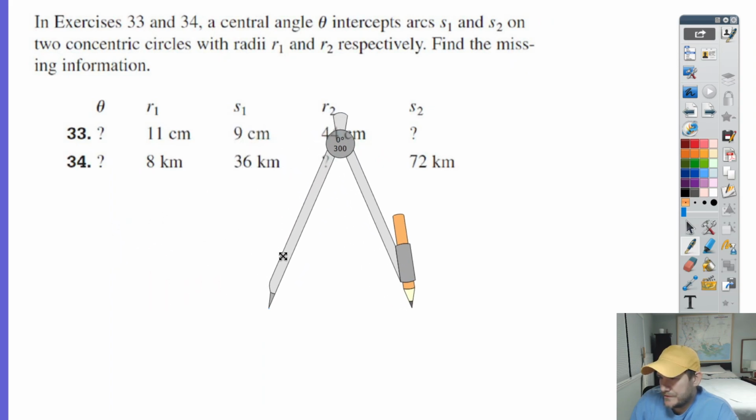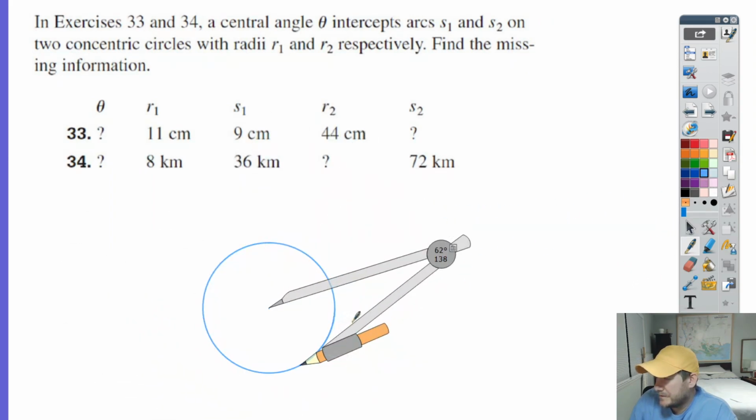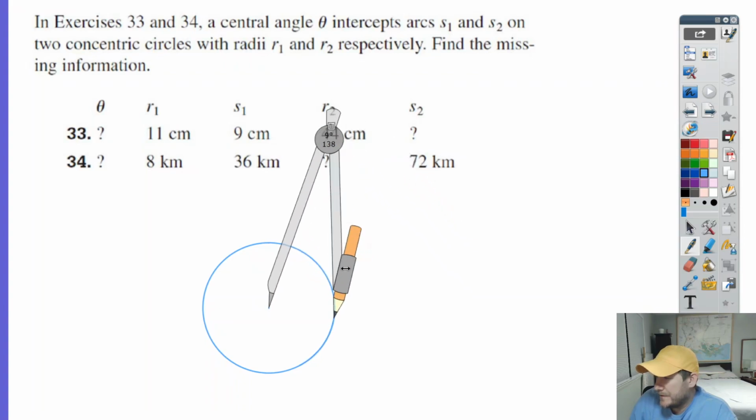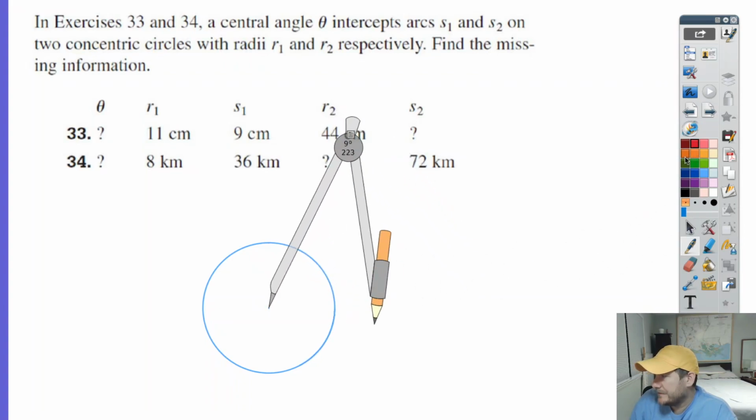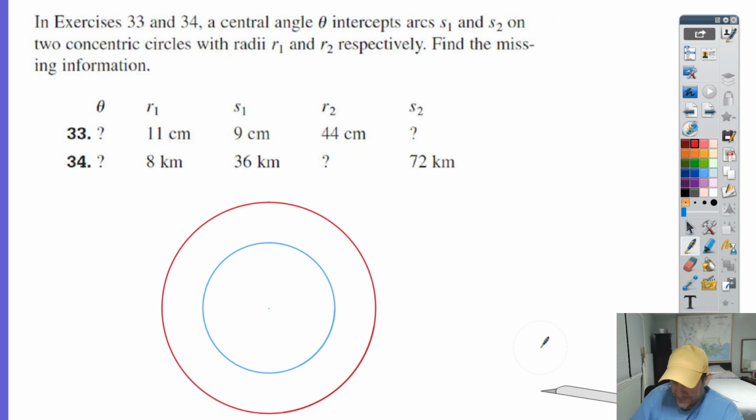So if I center a circle at that point, we'll let it be blue. I think it's going to be blue anyway. Yeah, blue. Then we can widen this and have a different circle. Well, these circles are concentric circles because they share the same center.